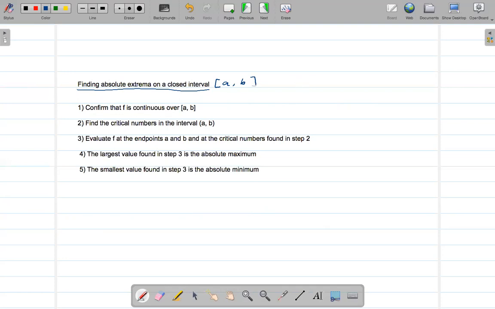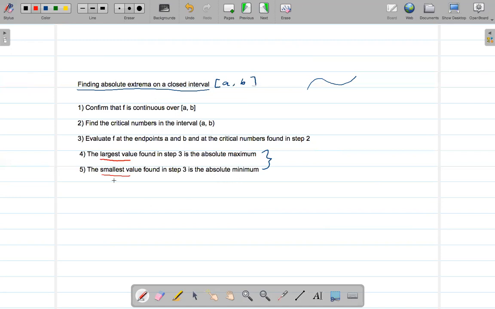Second, we have to find the critical numbers. Then we evaluate f at the endpoints, and also evaluate f at the critical numbers. The largest value is the absolute maximum and the smallest value is the absolute minimum.